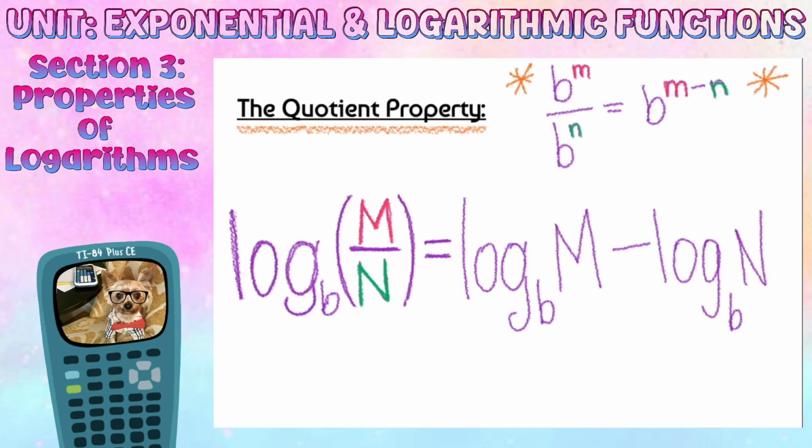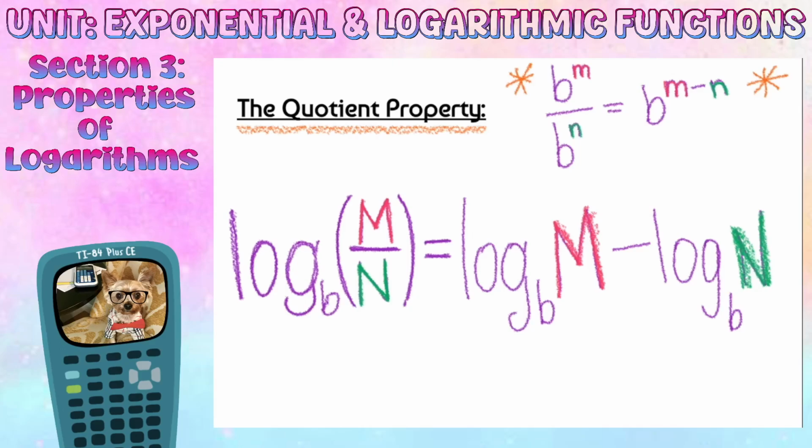Since subtraction and division are not commutative, the order in which we do these operations does matter, right? We can't just do things in whatever order we feel like. We have to subtract in a specific order, just like we have to divide in a specific order. So we will always start off with the numerator out front and then the denominator as the second part.